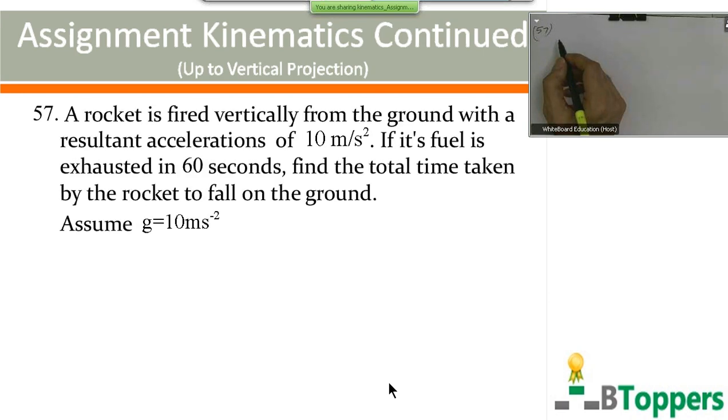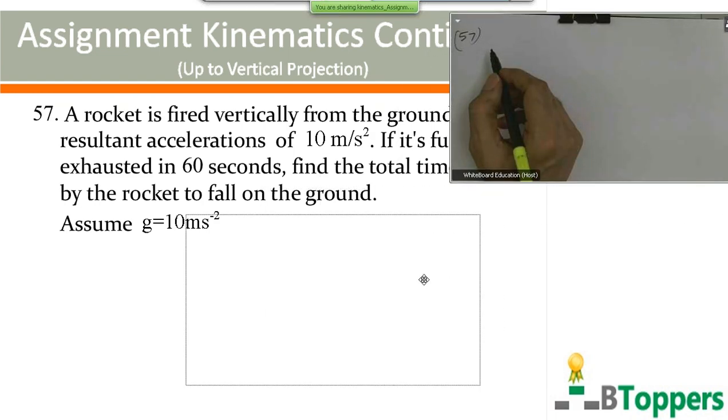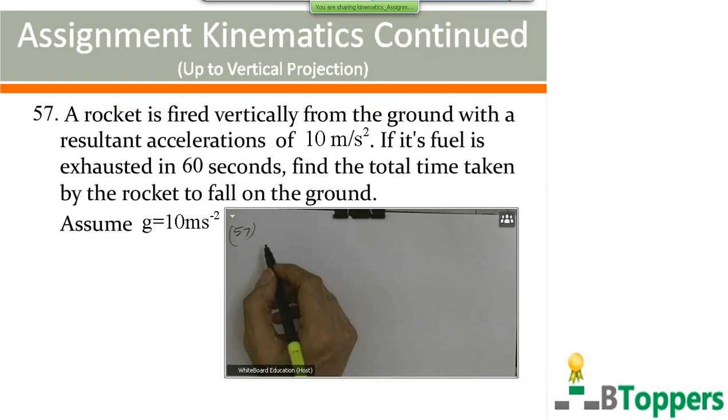Then you see the question number 57. A rocket is fired vertically from the ground with a resultant acceleration of 10 meters per second square. If its fuel is exhausted in 60 seconds, find the total time taken by the rocket to fall on the ground.